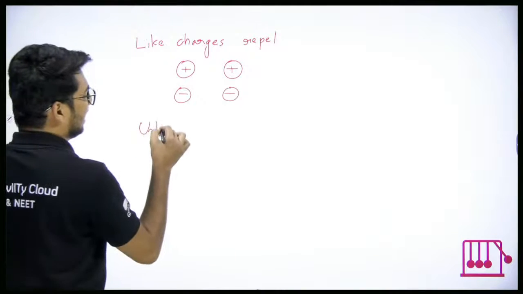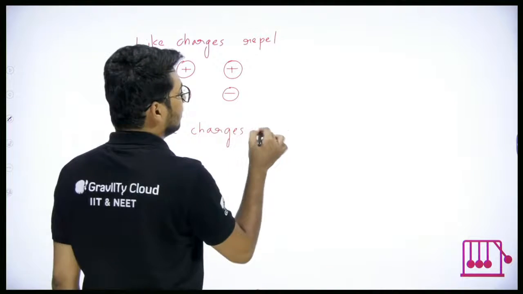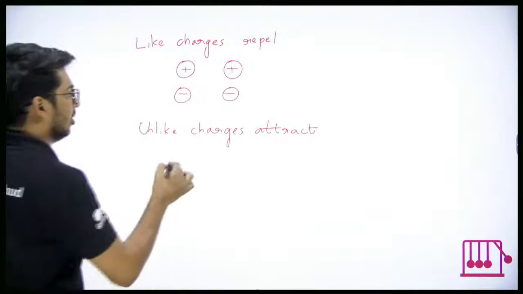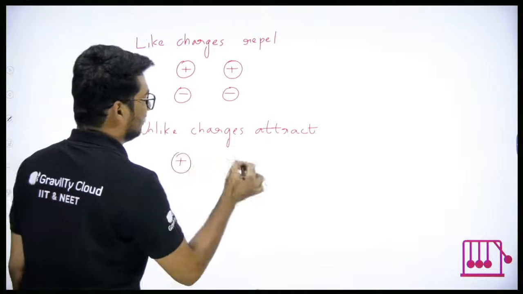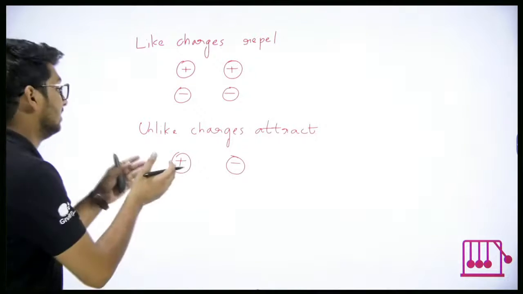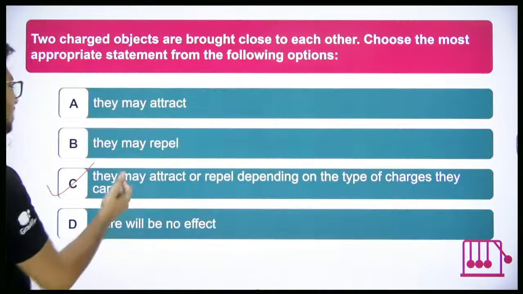But if I take unlike or opposite charges, they attract each other. If I take an object which is positive and another which is negative, what happens between them? They attract each other.